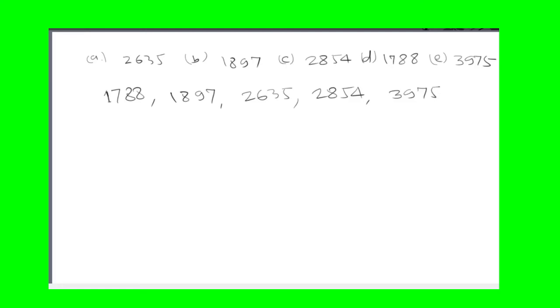We can also use decreasing order. We have to just reverse the order of the numbers. Then what we'll be doing, 3975 at first place. Then 2852.